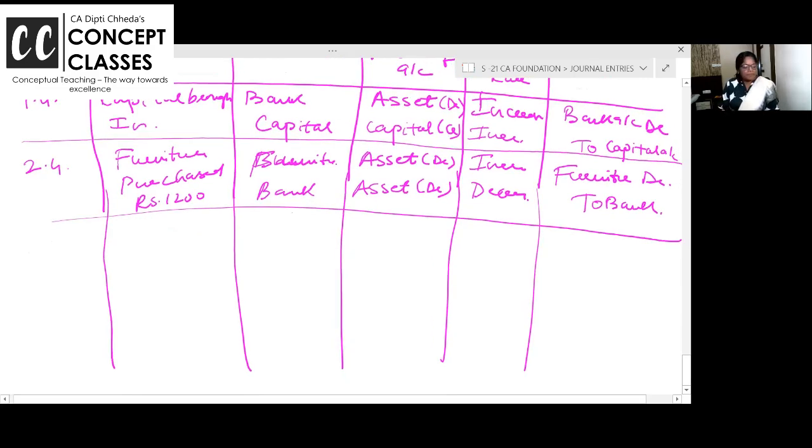Second April. 3rd. Paid salary to clerk. Salary paid. What is the account involved? Salary. What is the nature of salary?